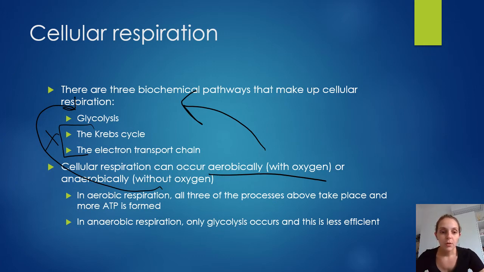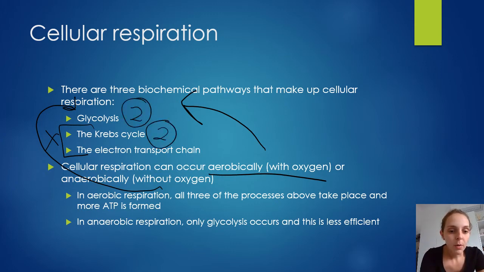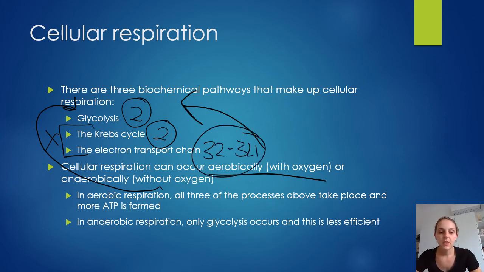The cell's overall goal is to do all 3 of these stages, because as you'll see as we go through, glycolysis only makes 2 ATP, Krebs makes 2, but the electron transport chain makes 32 to 34 ATP. And so obviously the cell is going to try to undergo all 3 of those stages using oxygen and making a total of 36 to 38 ATP.